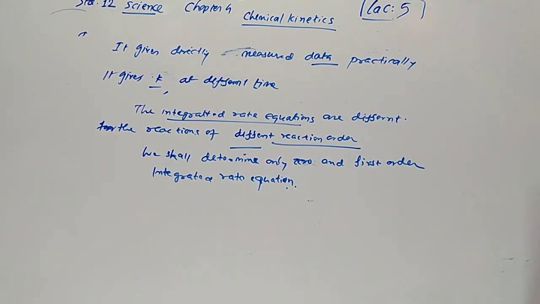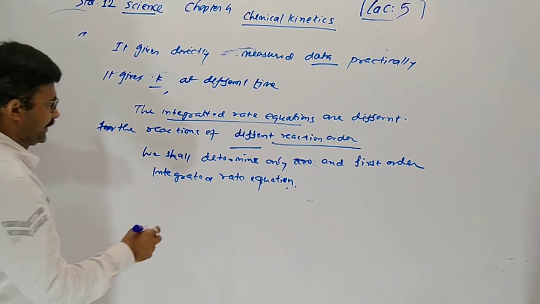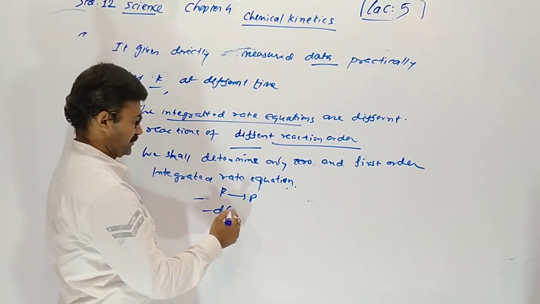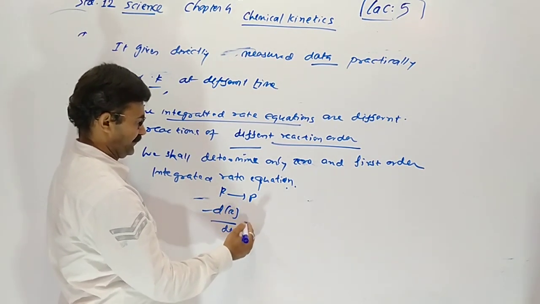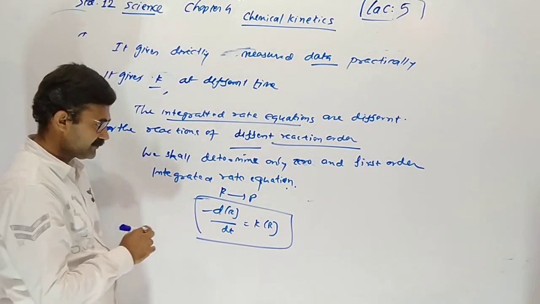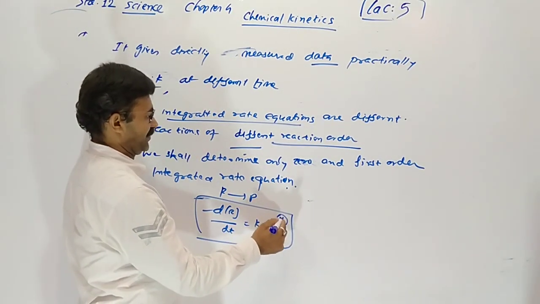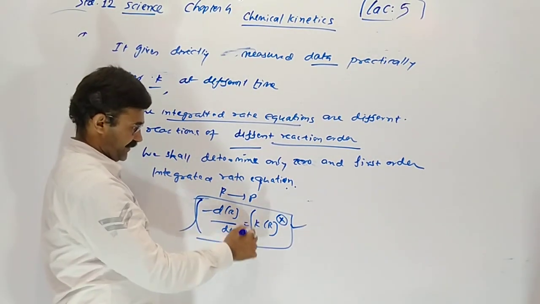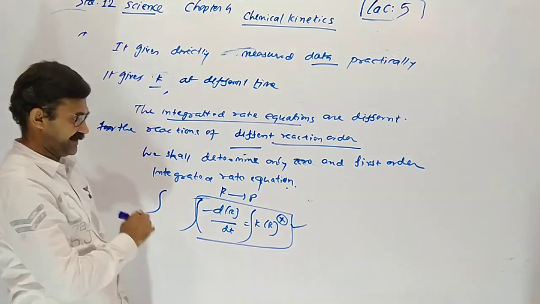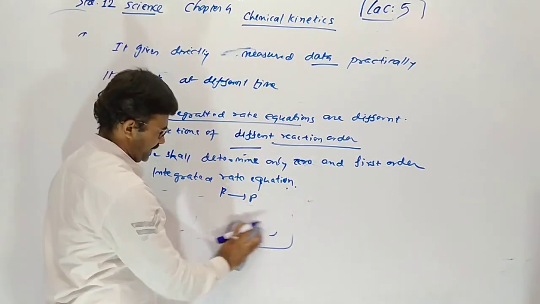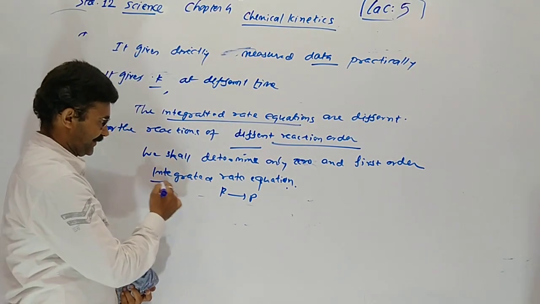Integrated શું છે તમને કહું, આપણે જે derivative differential rate law આપ્યો, suppose R gives P છે, so dR upon dt, this is the differential rate law. Here the exponent gives the order of reaction. When we apply integration, this sign is integration, so simplification of it gives the integrated rate equation.